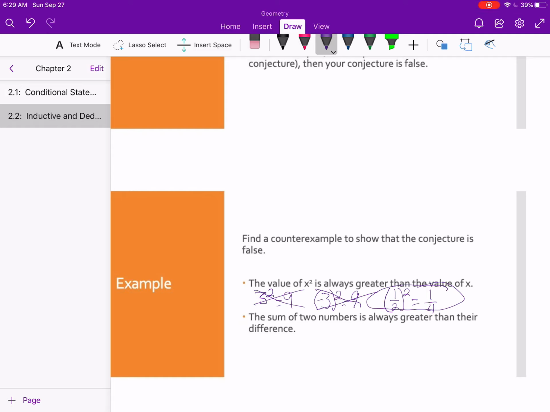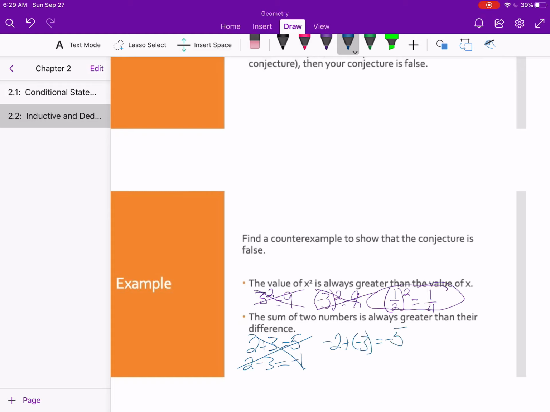So the sum of 2 numbers is always greater than their difference. All right, so let's try numbers. What about 2 plus 3 is 5. 2 minus 3 is negative 1. Well, the sum is greater, so that one didn't work. Let's try negative 2 plus negative 3.